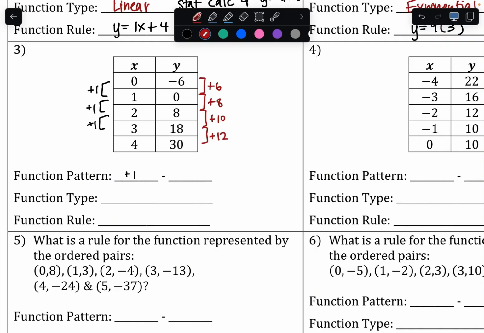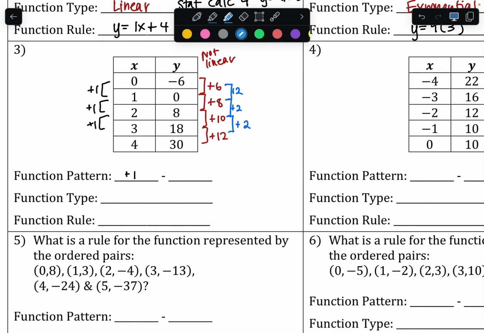So clearly we're not adding the same number, so it's not linear. And we already know it's not exponential because it's not multiplying by the same number. But if you look at the differences of these red numbers, from 6 to 8 is 2, from 8 to 10 is also plus 2, and then from 10 to 12 is also plus 2.